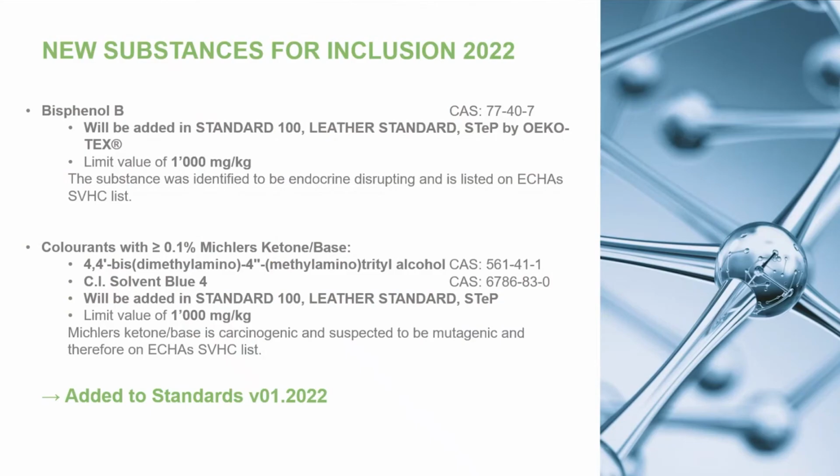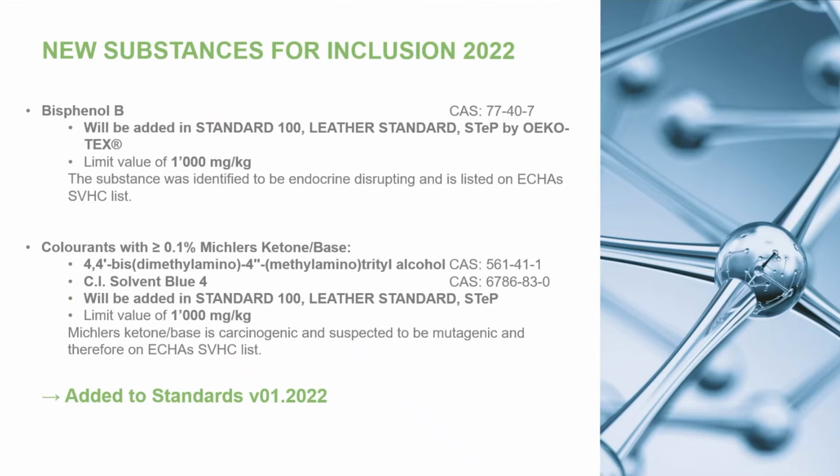Next are changes for the RSL that are for the Standard 100 and the Leather Standard. Some of them are also for STEP and Eco Passport. We will talk about those later during the STEP and Eco Passport portion of the webinar. Firstly, we have added bisphenol B with a limit value of 1,000 milligrams per kilogram, since the substance was identified to be endocrine disrupting, and it is listed in the ECHA SVHC list.